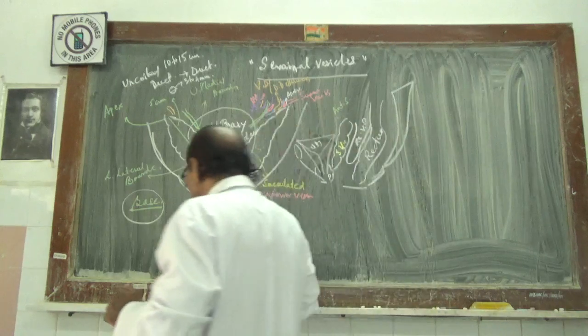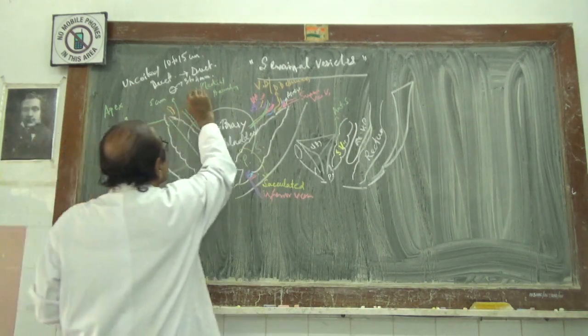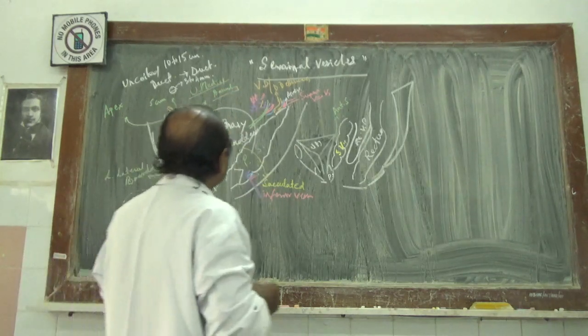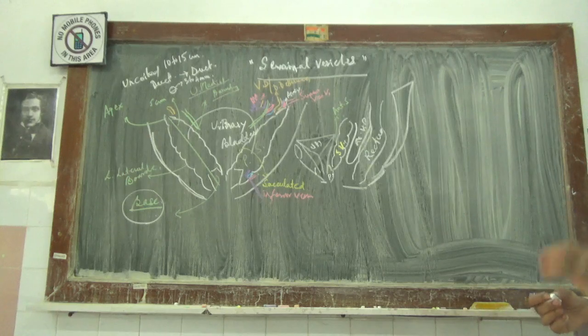Now we have got the borders. The borders of the seminal vesicle: the upper medial border is the one which will be directing upwards and towards medially.